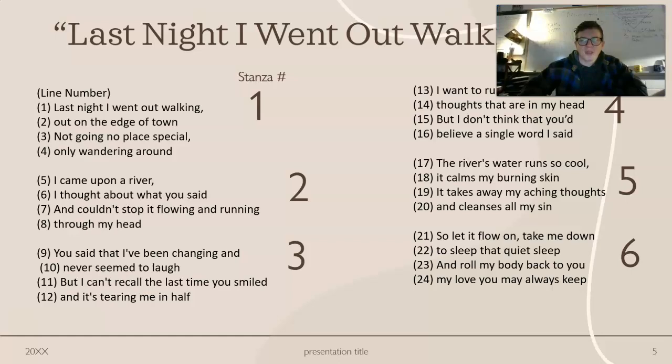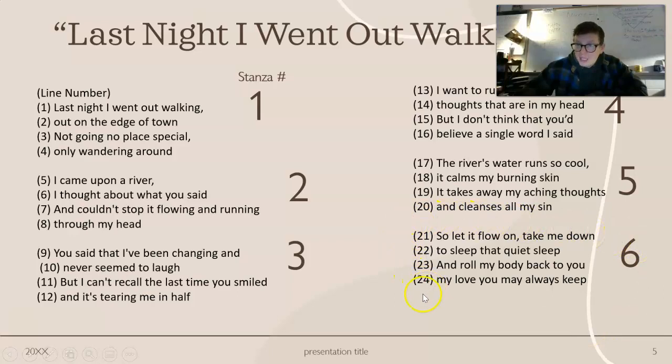Good poem. There's a lot of symbolism in it. It's both literal and figurative. This person is walking. They're thinking about their partner. They get to a bridge, and then you can interpret the ending.